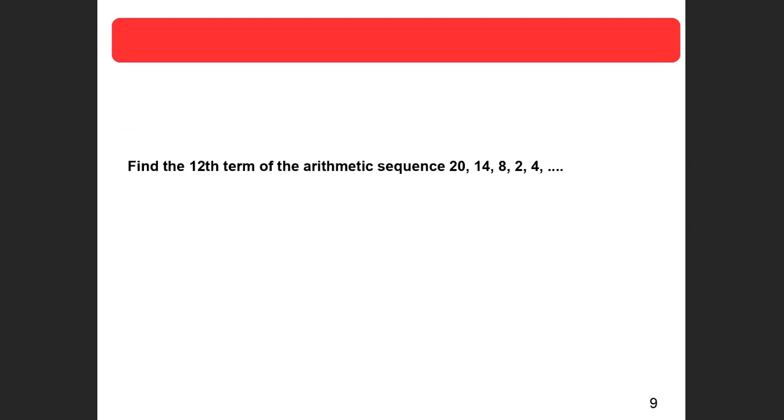Well, I don't want to write out all 12 terms, so I'm just going to write a rule. So 20 to 14, 14 to 8, 8 to 2, 2 to 4. That does not even look arithmetic, does it? 20 to 14, that's 6. 14 to 8, yes, 8 to 2, yes, but 2 to 4 is definitely not 6.